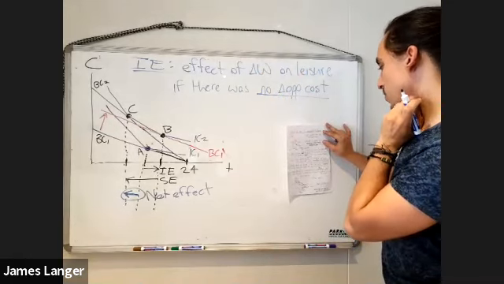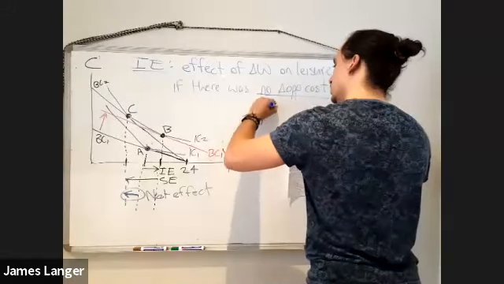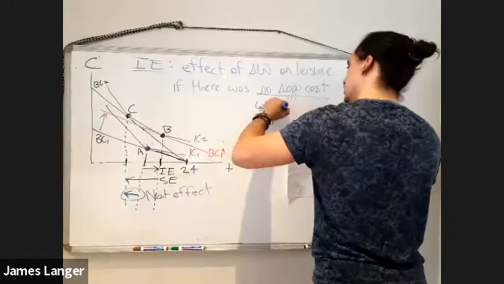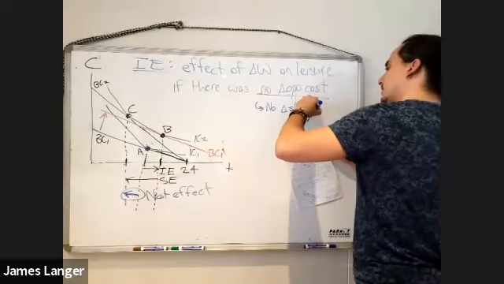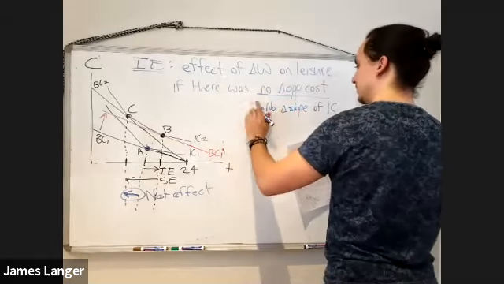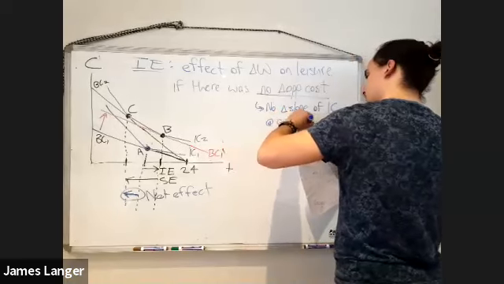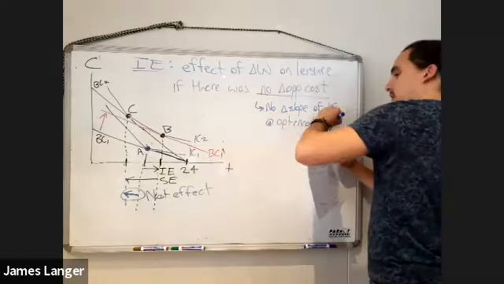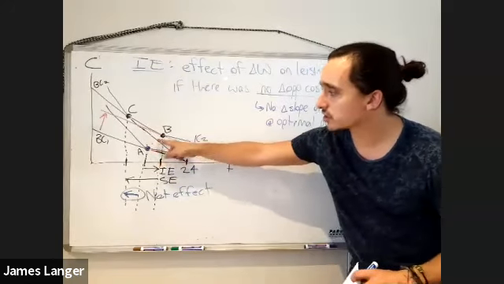Okay? In other words, if there was also no change in the slope of the indifference curve at the optimal point. Okay, so you can see from A to B, we've got no change in the slope there.